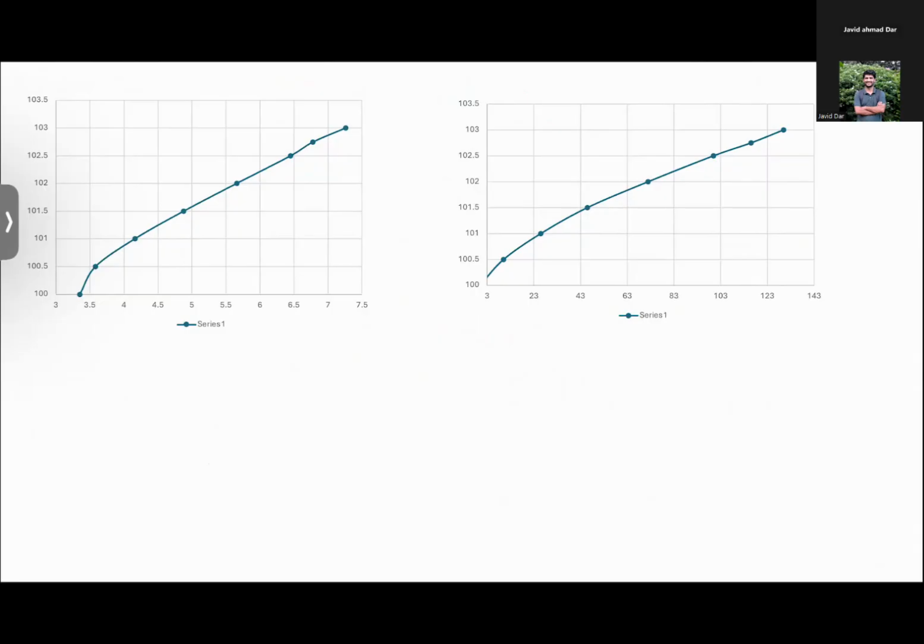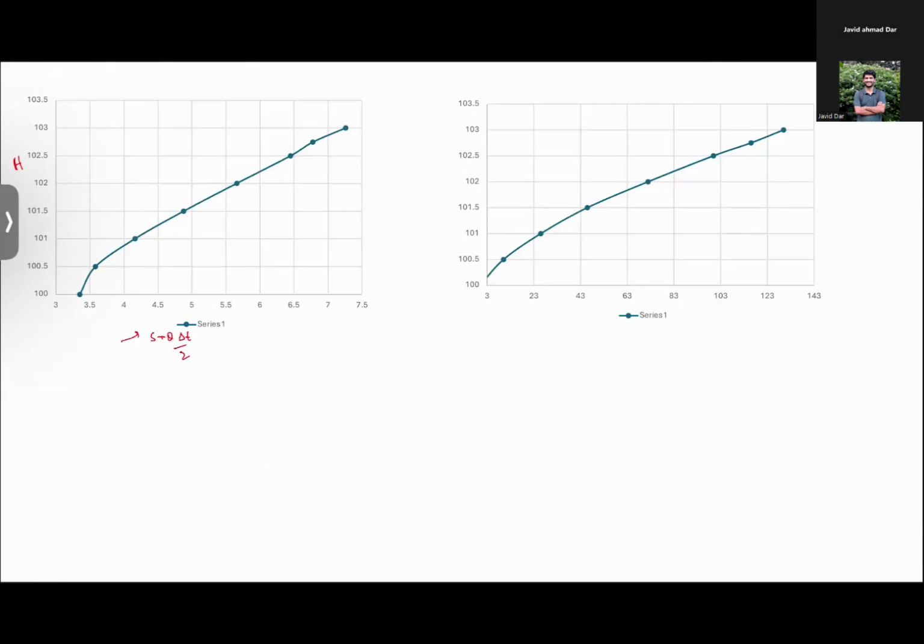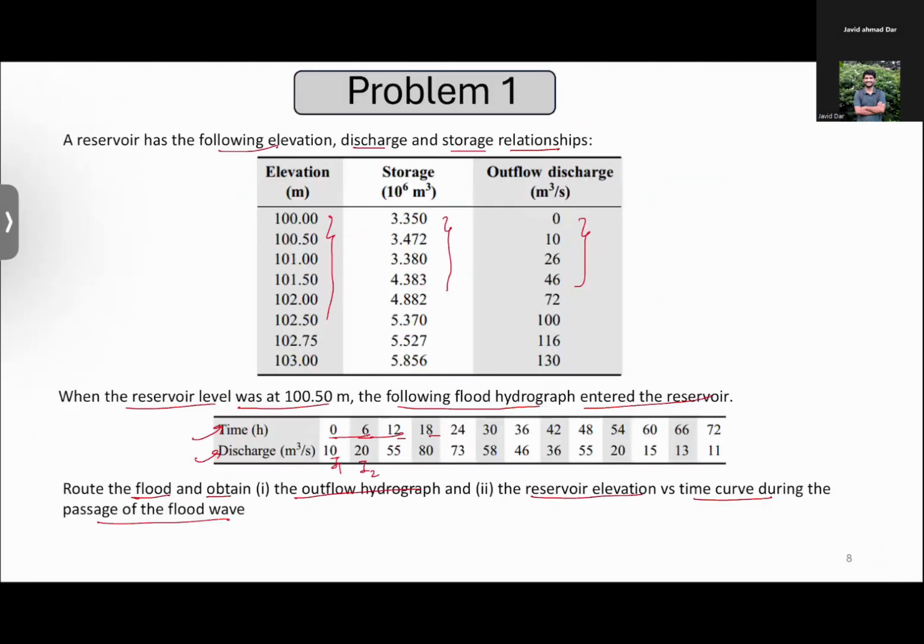This is the curve s plus q delta t divided by 2, and this is your value of H. You have the value 3.686, so it will be roughly here. You need to find the corresponding H on the plot. Let's say this H comes out to be 100.62 meter. I think it's in meters.